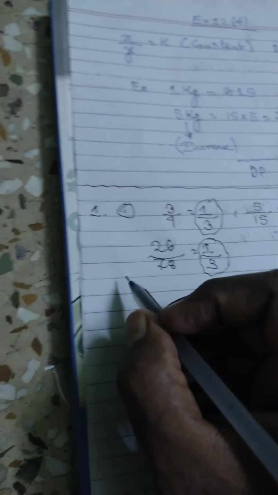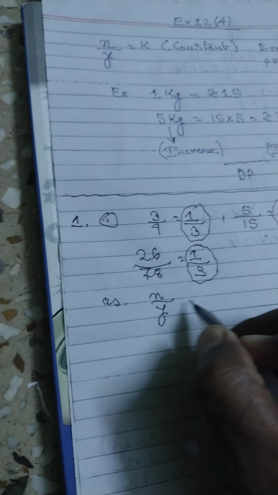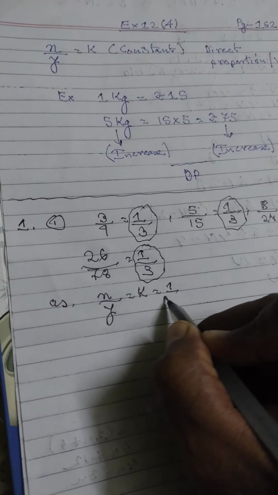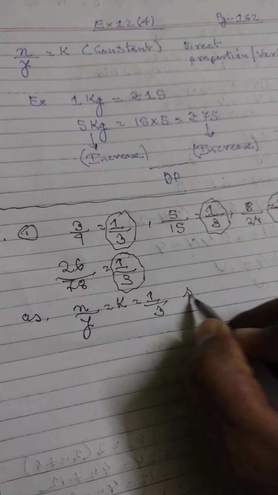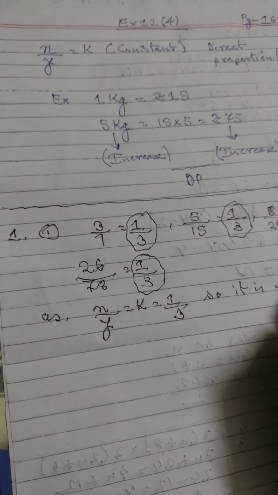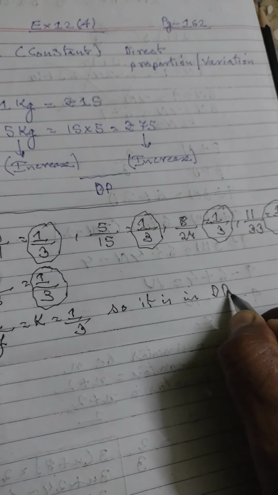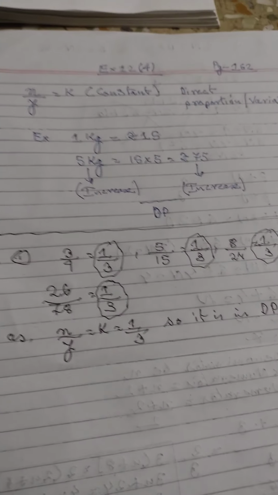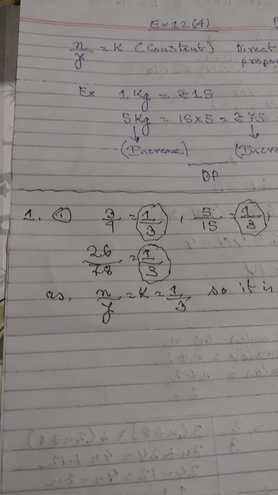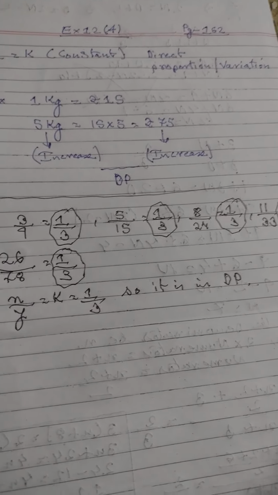So you can write x by y is equal to k is equal to 1 by 3. I am writing in short DP. DP means direct proportion. So as x by y is equal to k is equal to 1 by 3, it is in DP. So this is the basic thing.